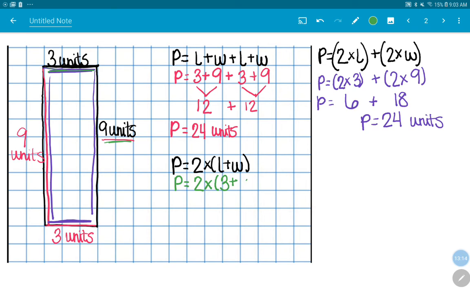My width is 9. So perimeter equals 2 times 3 plus 9 is 12. And if I multiply 2 times 12, I get 24. My perimeter is 24 units. No matter which one of those 3 strategies or formulas I used, I'm still adding all the sides, and I get 24 units.